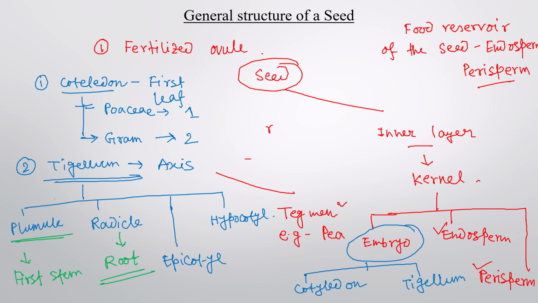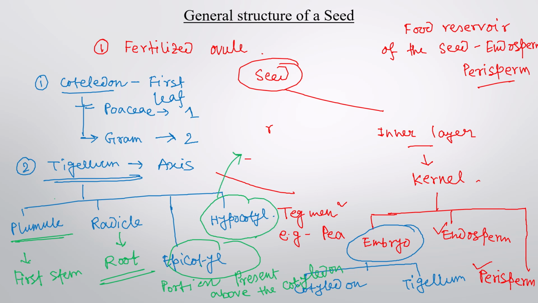Epicotyle is the portion present above the cotyledon, and hypocotyle is a portion present below the cotyledon.